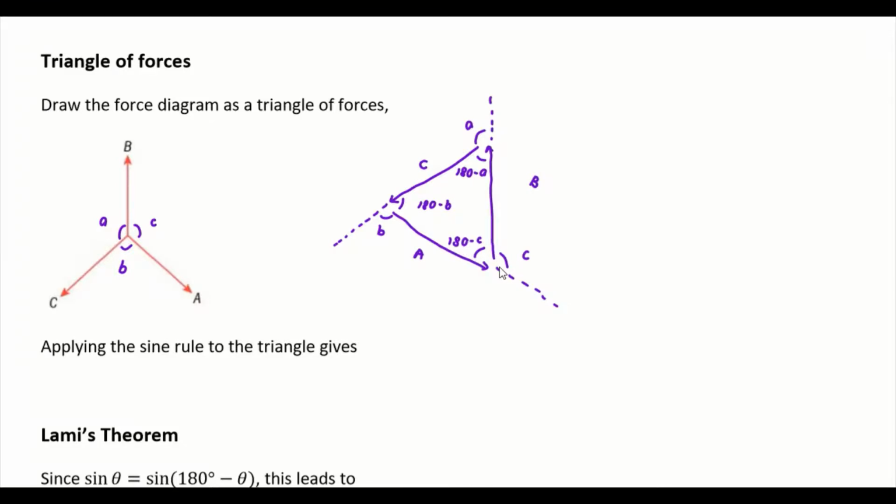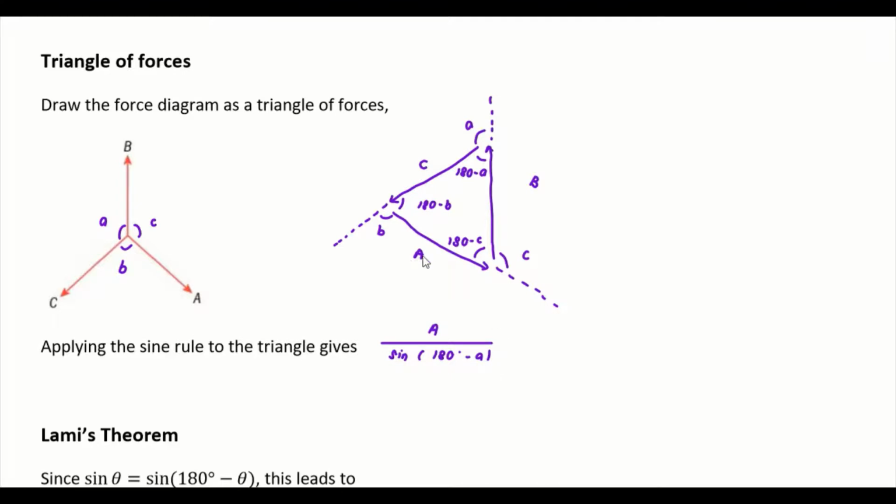Okay, so before this we already learned sine rule, right? If we try to put this in a sine rule, then the first ratio is a over sine 180 minus A. Am I right?